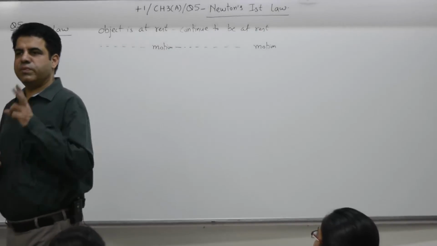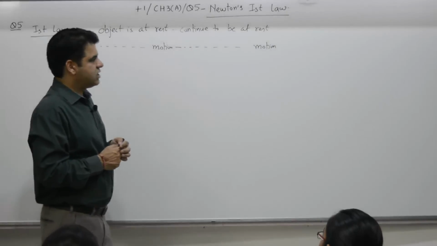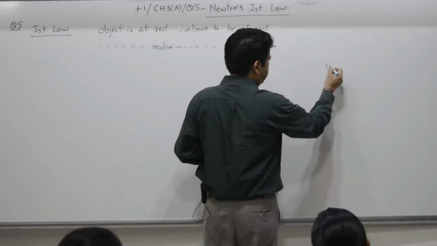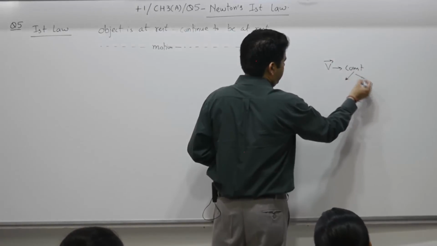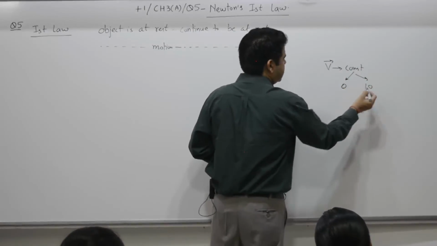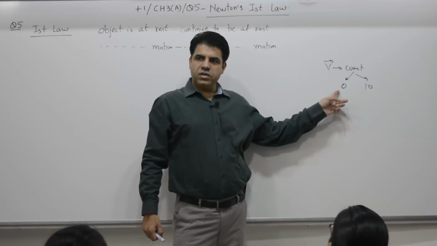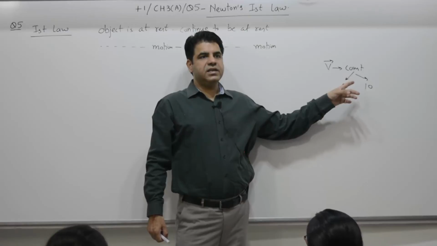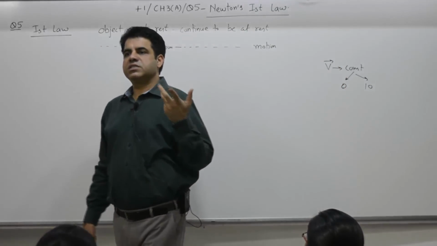Constant velocity has two meanings. It can be 0, or it can be non-zero, say 10. If it is 0, the object is at rest. If it is 10, it is moving with 10 meters per second, and will continue to move with the same speed.